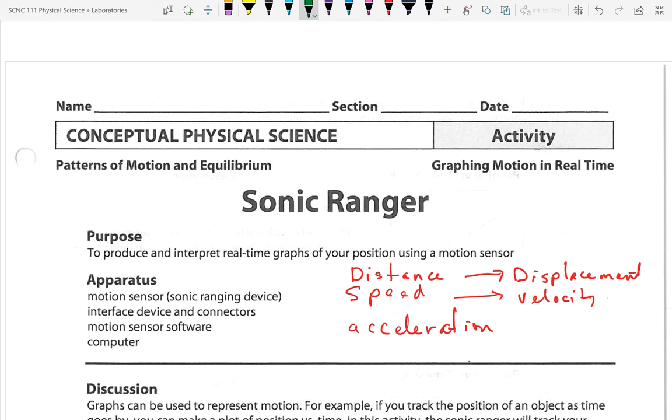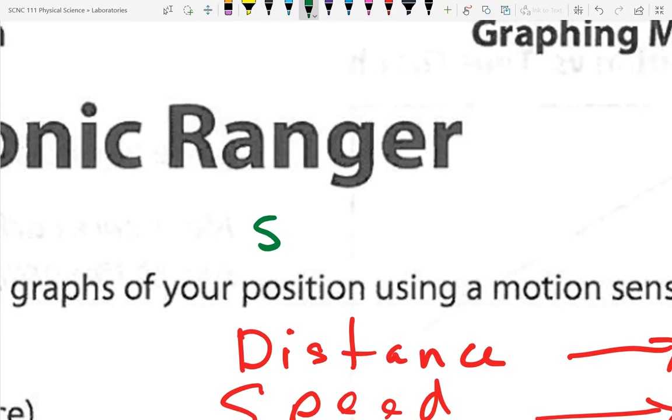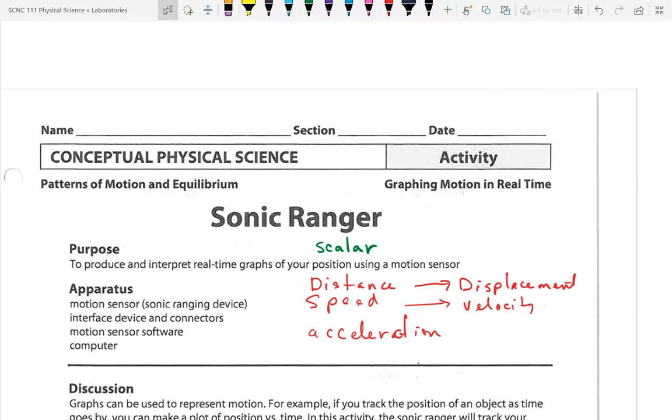Now the next word here, speed, velocity. This side here of what I wrote, we call scalars. I'm going to really zoom in so I can write somewhat legibly. And then zoom back out. Better, right? A scalar means it does not have direction.